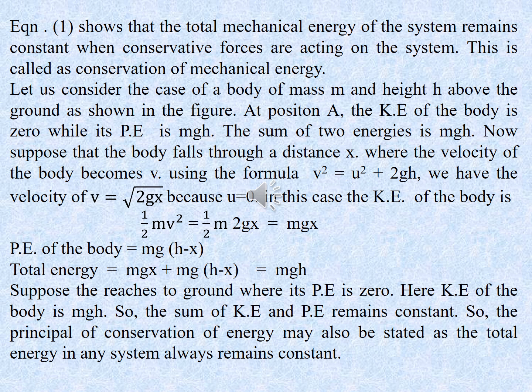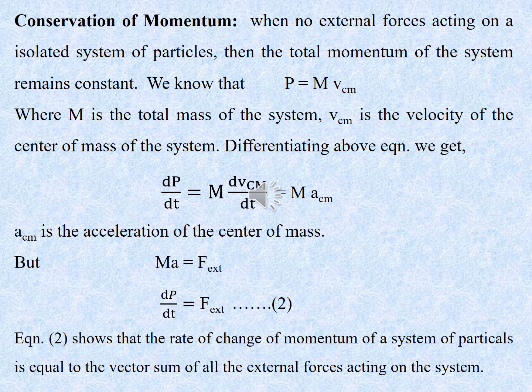So the sum of the two energies gives the total energy, that is mgh. So the principle of conservation of energy may also be stated as: the total energy in any system always remains constant.